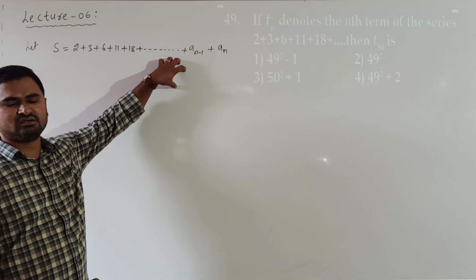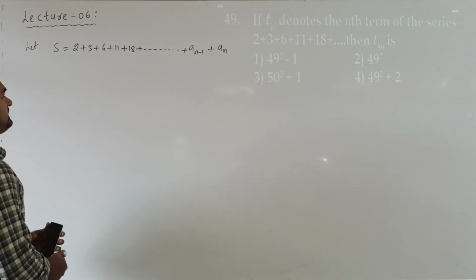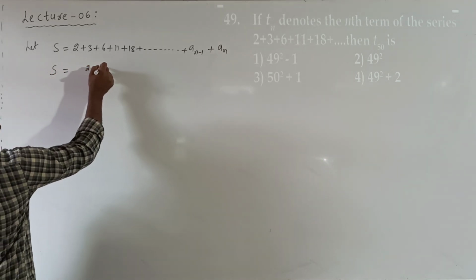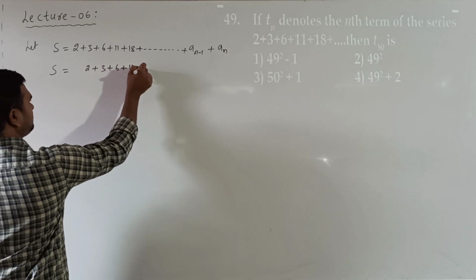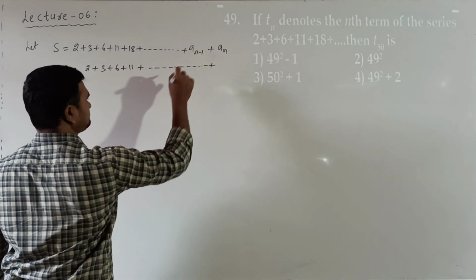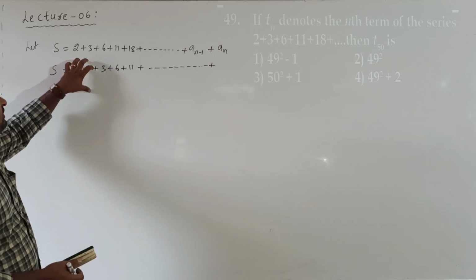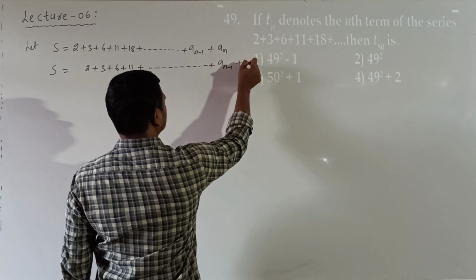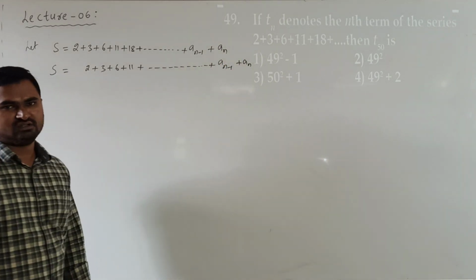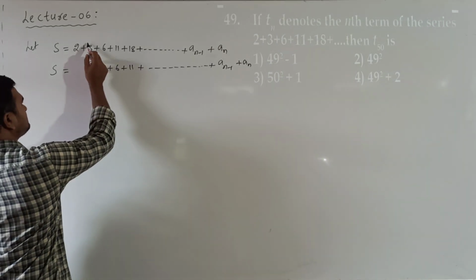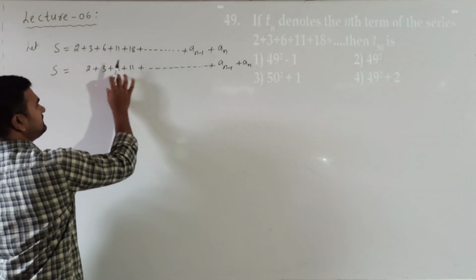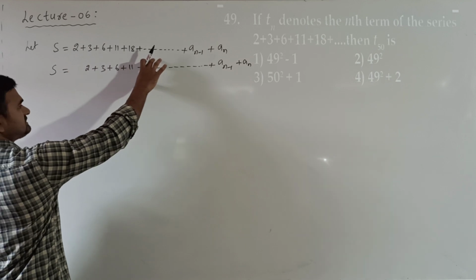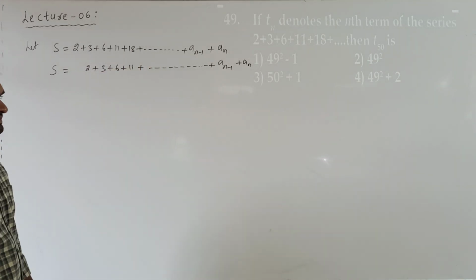Now we write the same series another way, starting from 2 here, then 3, 6, 11 and so on, up to a(n minus 1) plus an. We are shifting by one number. Why? Because when we take the difference of these terms, the difference terms form an AP. So we take the same summation, just shifted by one number.